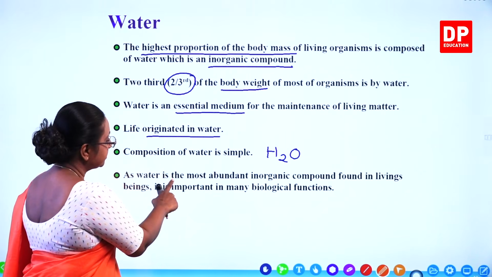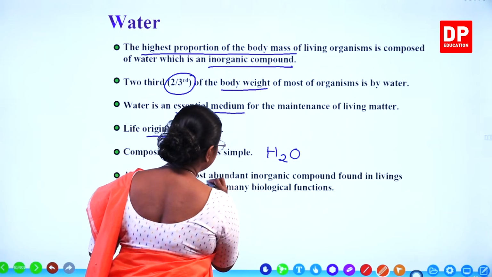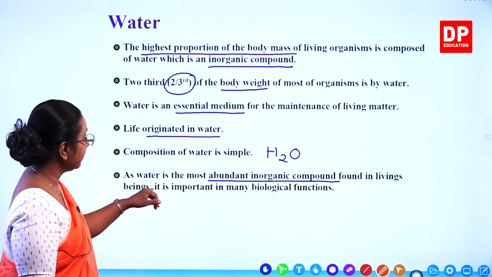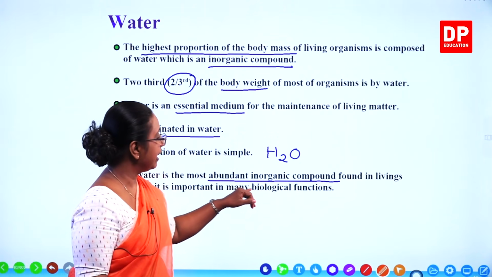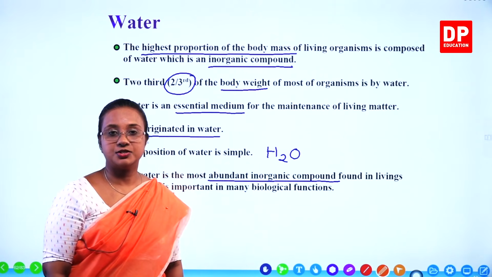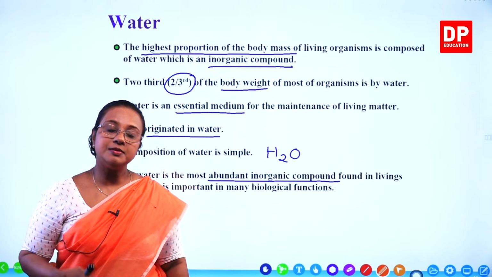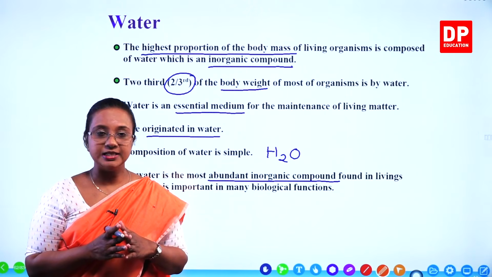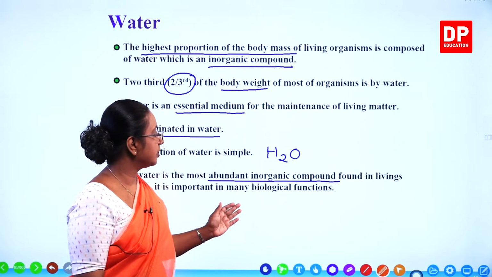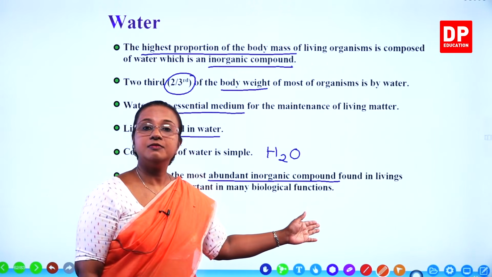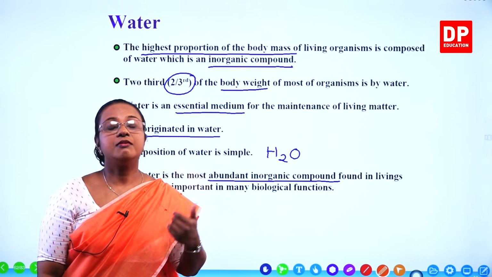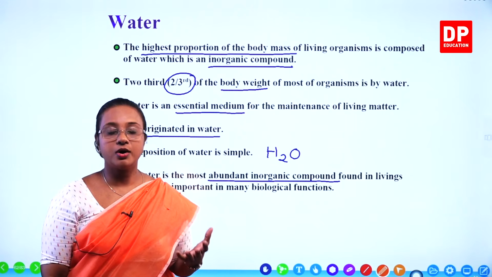As water is the most abundant inorganic compound found in living beings, it is important in many biological functions. Since it is the main component and it is present everywhere on earth, it is very, very important for biological functions. Biological functions are the activities related to living organisms.